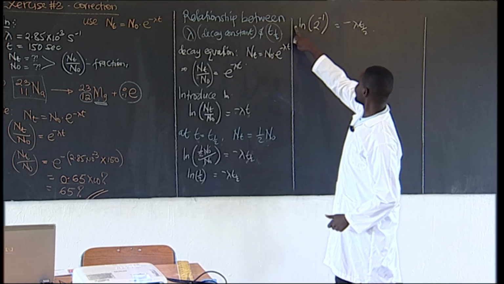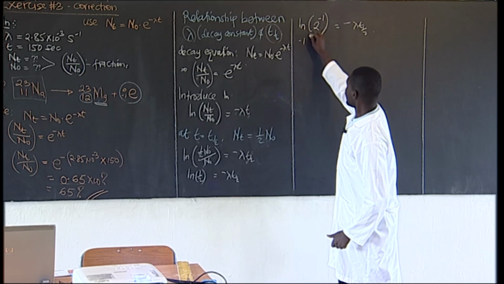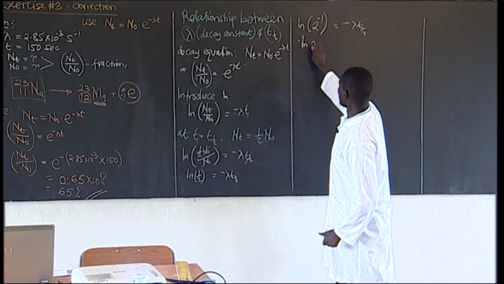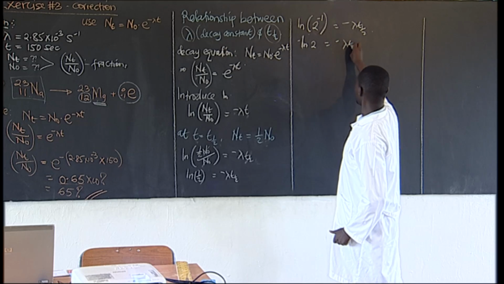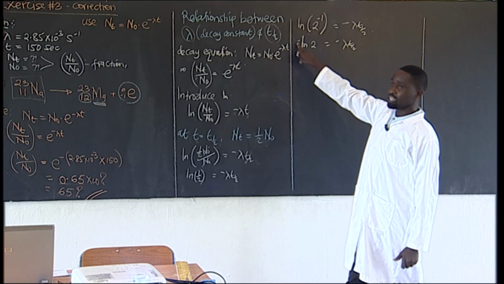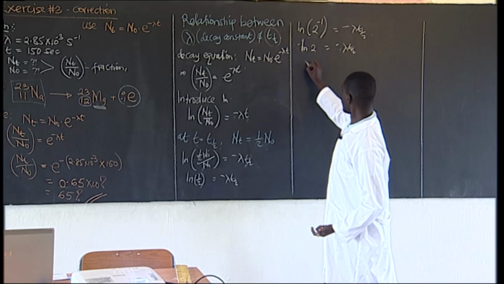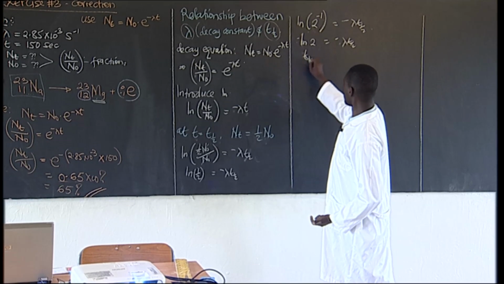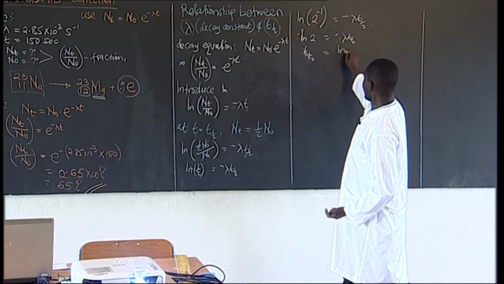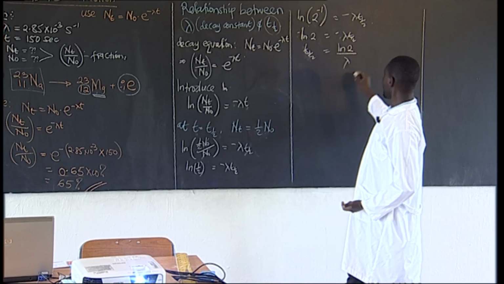So we bring this here, negative ln 2 equals negative lambda t1/2. What do we notice? The negatives will cancel. We end up having t1/2 equaling ln 2 over lambda.